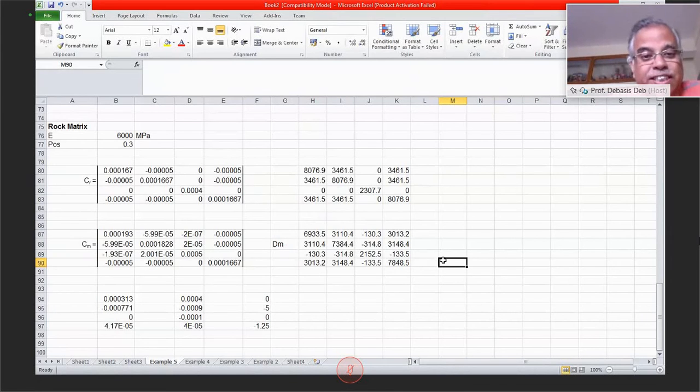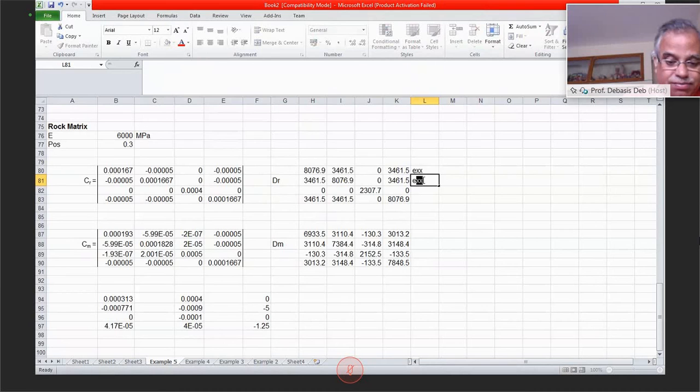You are seeing that this is for DR, if only isotropic rock, the relationship between stress and strain. So here basically epsilon XX, epsilon YY, gamma XY, and epsilon ZY. Now here you see the same thing for a rock mass having two joint sets with those properties.